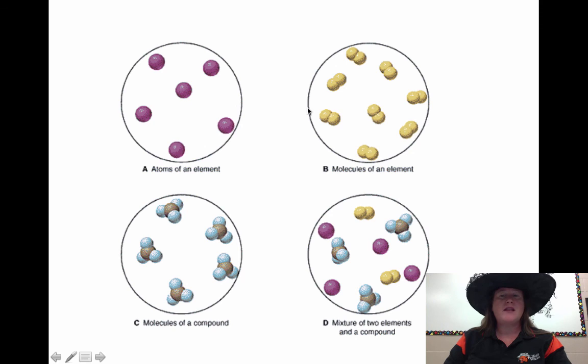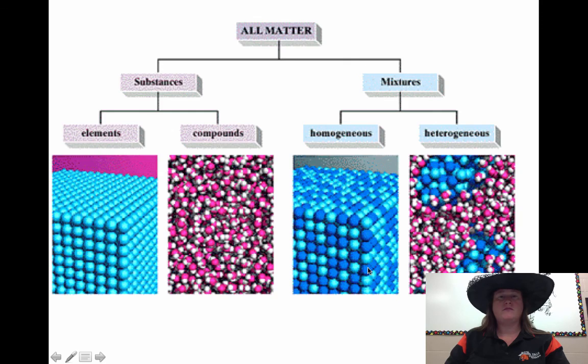All of these atoms are the same, as are these. So these are both elements. This would be a diatomic element. Here, all of these molecules are the same. Here we have some elements and molecules all in the same space, also gaseous, lots of space in between these components, but that would be a mixture.